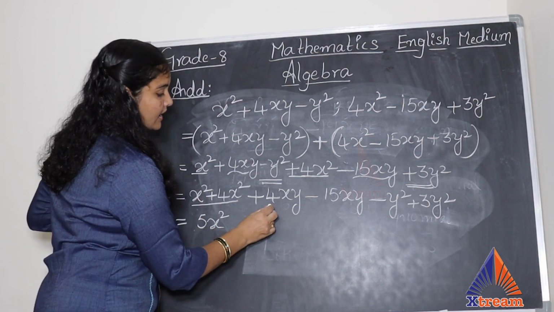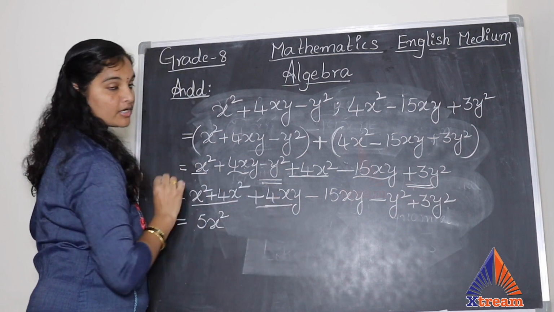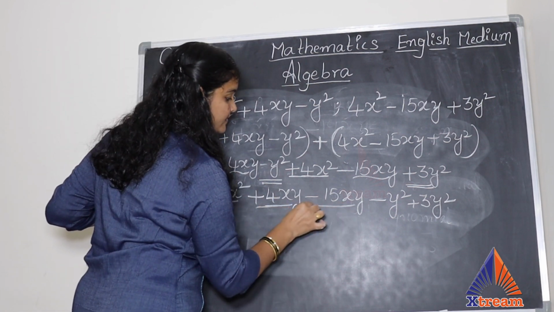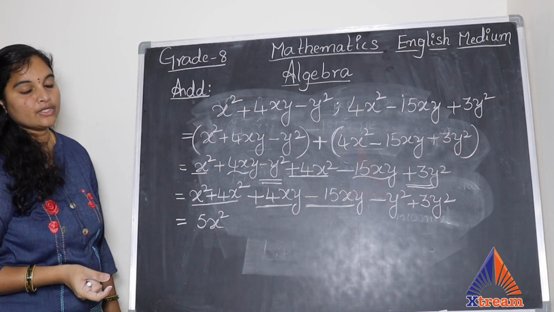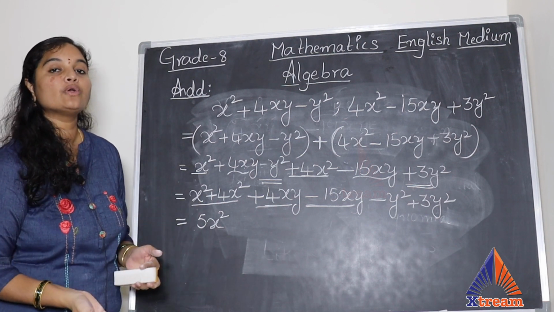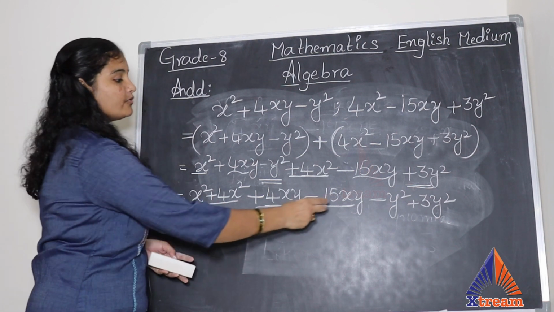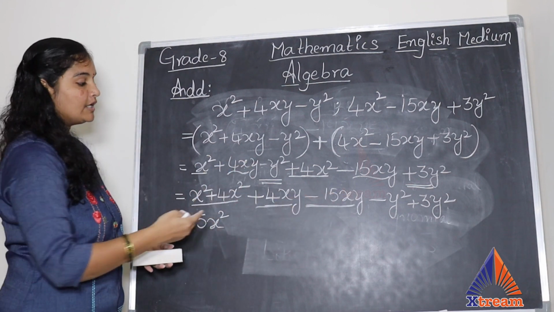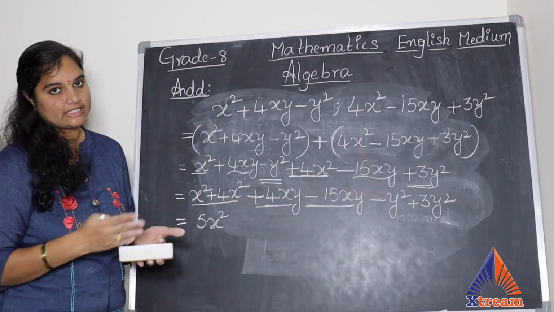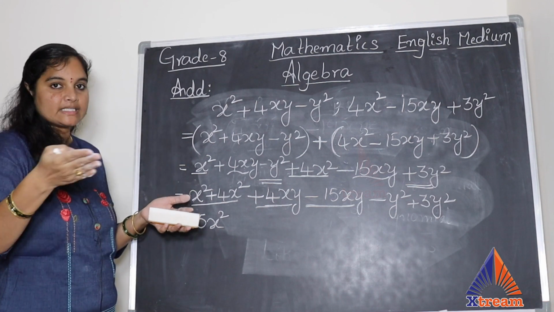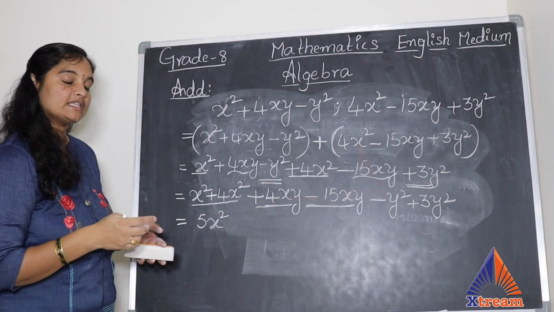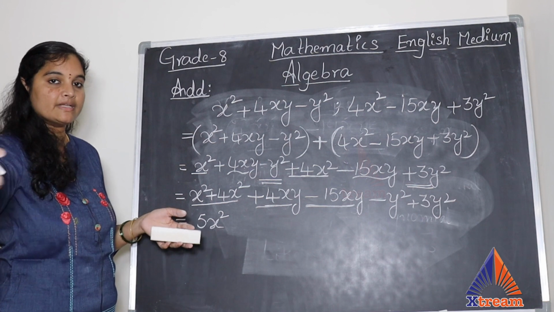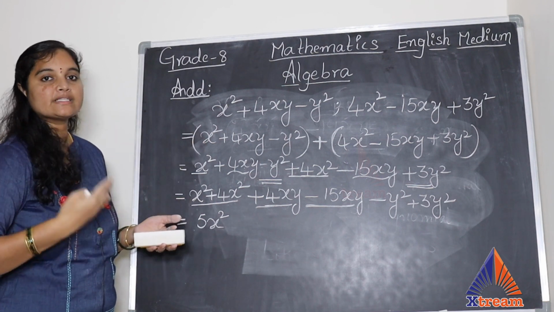Okay, then 4xy is a positive term, minus 15xy is a negative term. So when you have a positive and negative, we go for the subtraction. So from 15xy's, you have to take out 4xy's. For example, these xy's, take them as pencils. You have 15 pencils, you'll be taking out 4 pencils out of them.